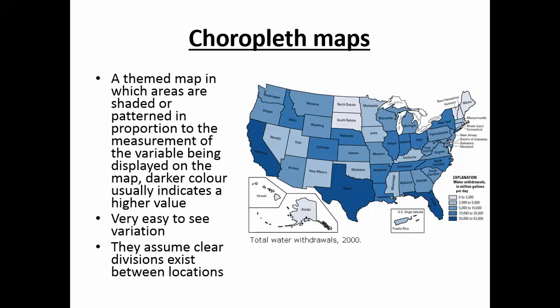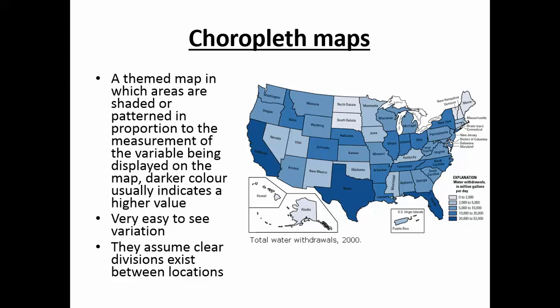Then we got onto types of maps. This is a choropleth map. This shows proportions of area, and it allows you to see patterns very easily. This is a map showing patterns of water withdrawal, and when you look at it you can see that the highest water withdrawal is in areas to the south and to the northeast. You can see those patterns quite clearly.